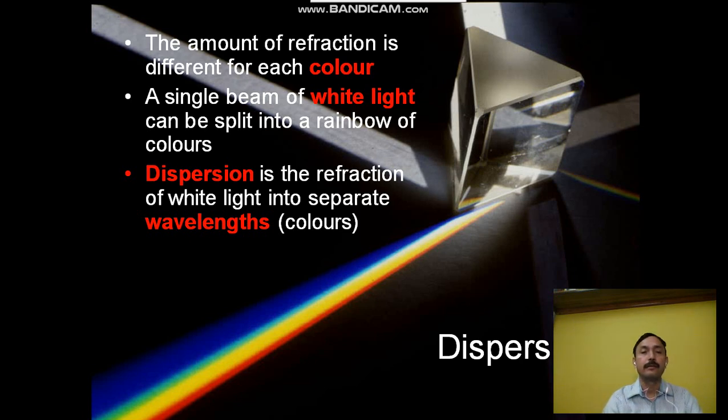V for violet, I for indigo, B for blue, G for green, Y for yellow, O for orange, R for red. So, the splitting of white light into its 7 constituent colors is known as dispersion of light.